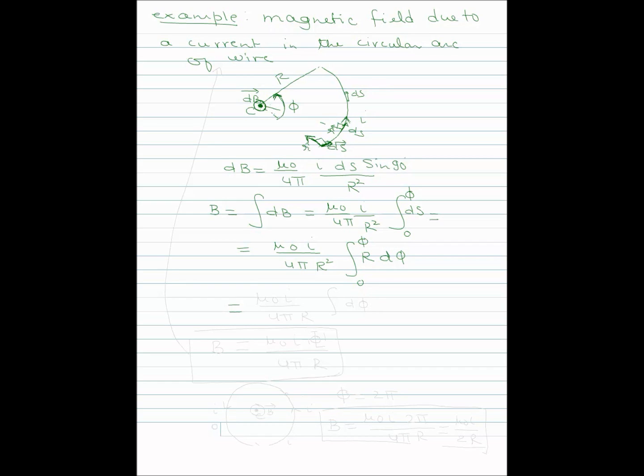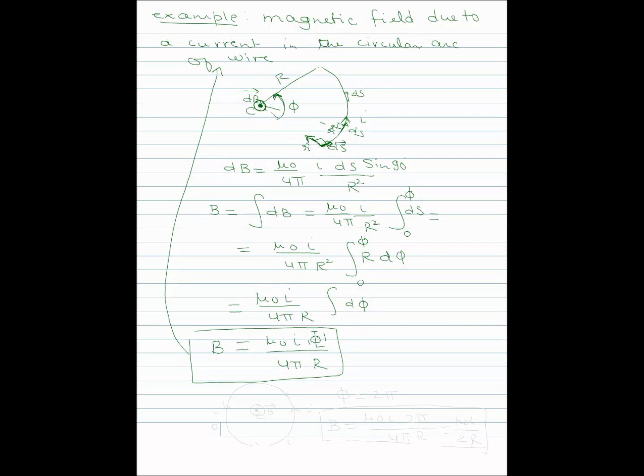If you pull the r out, this is mu 0 I over 4 pi r, and the integral of d phi just gives you the total phi. So the answer turns out to be mu 0 I phi over 4 pi r. This is the magnitude of magnetic field due to a current in a circular arc of wire where the total angle is phi in radians.